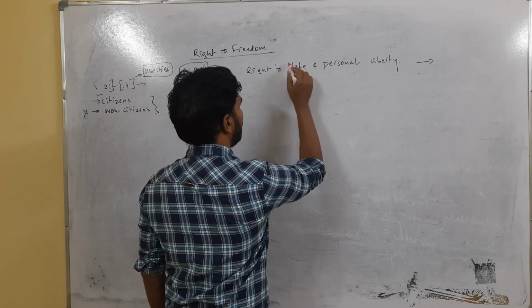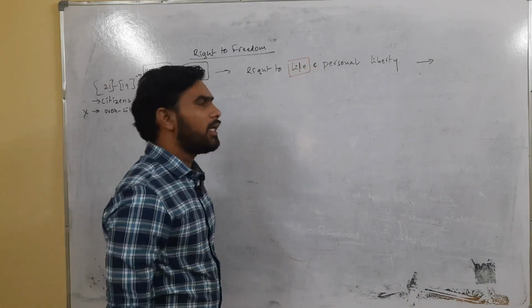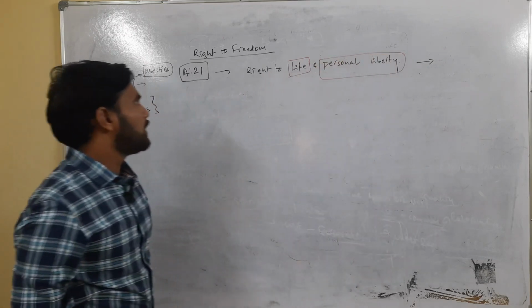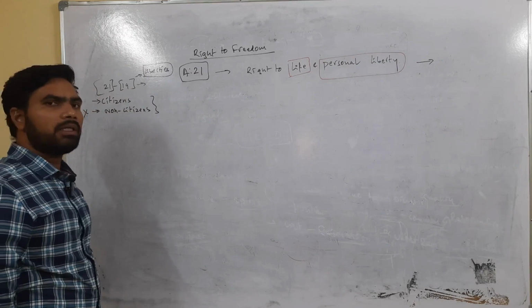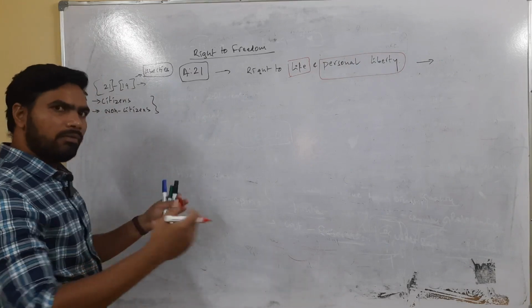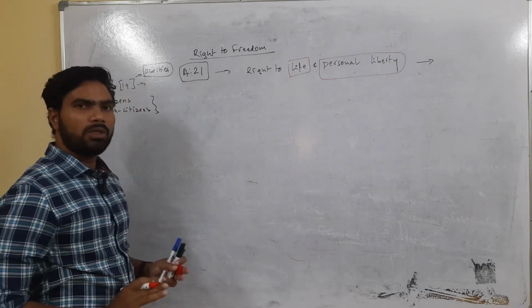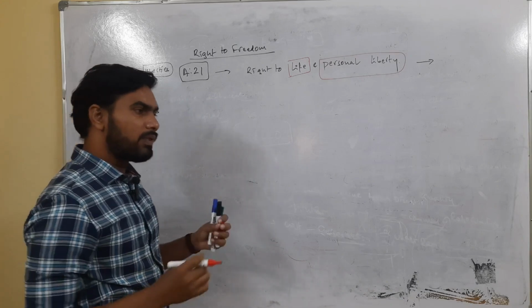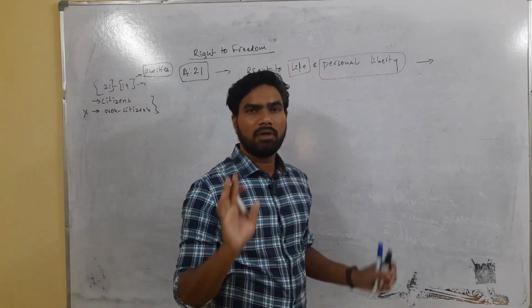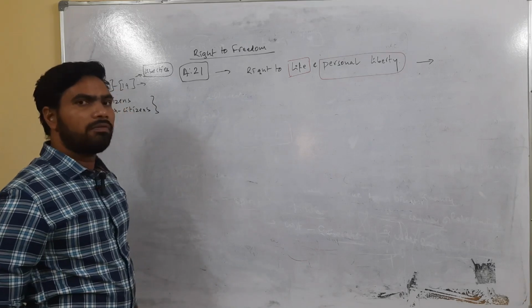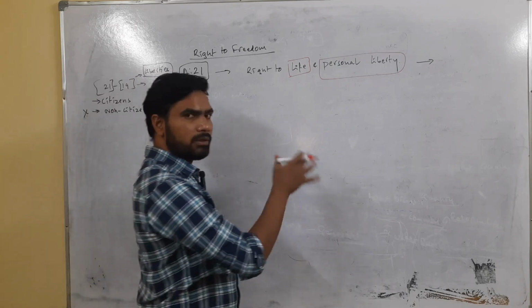There is the right to life and personal liberty. We will see what exactly the text says, but briefly, let us understand the essence of Article 21: there is the right to life for every person, and there is personal liberty.